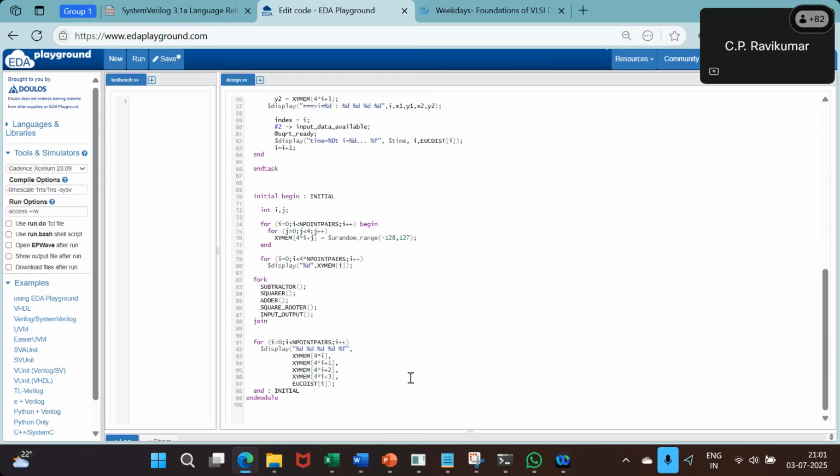The printing is being done by this guy, right? Euclidean distance is being printed here. And you see this, it doesn't do this at all. It joins, but it never did this, right? Let me do one thing. Let me give stars here. I don't think it's doing this.